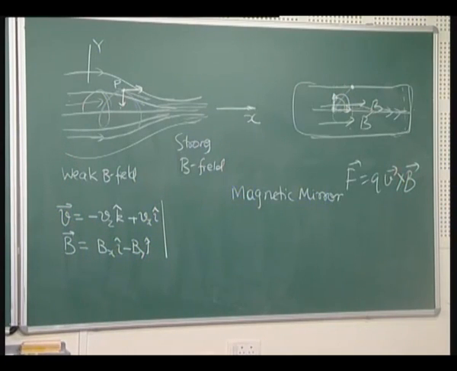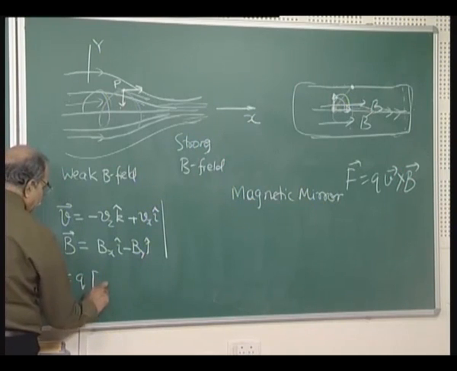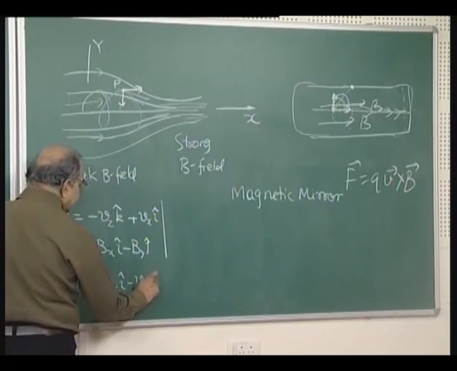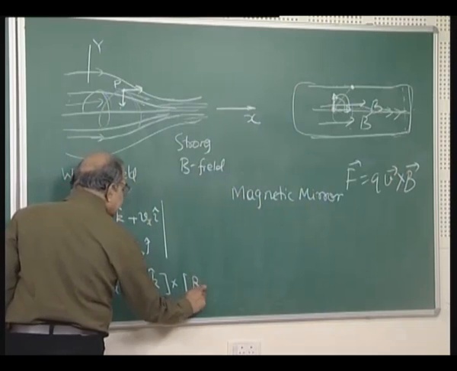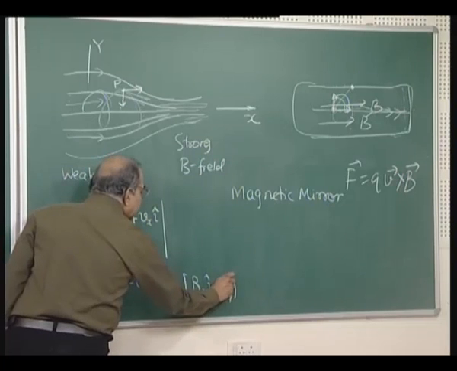So, if you calculate q v cross B, the force is q v cross B. So, q then V x i cap minus V z k cap, cross product with B x i cap and minus B y j cap.